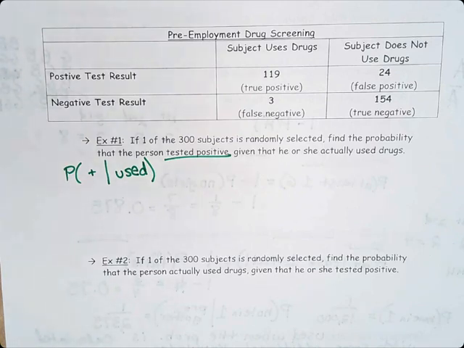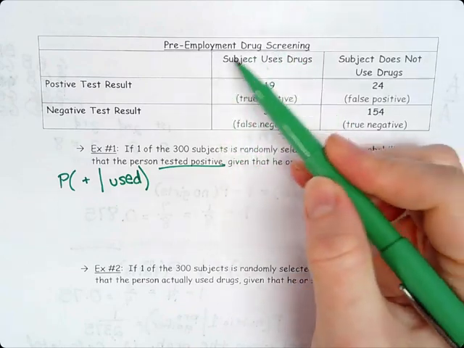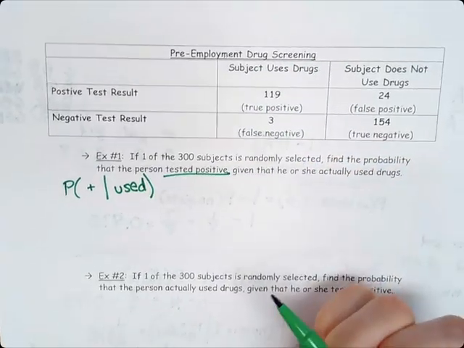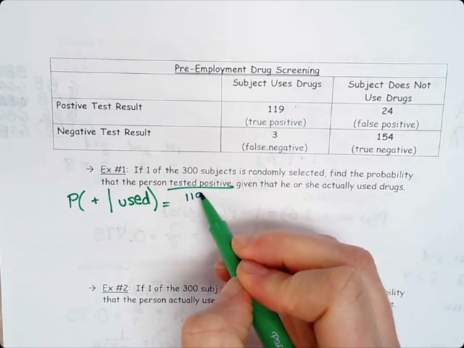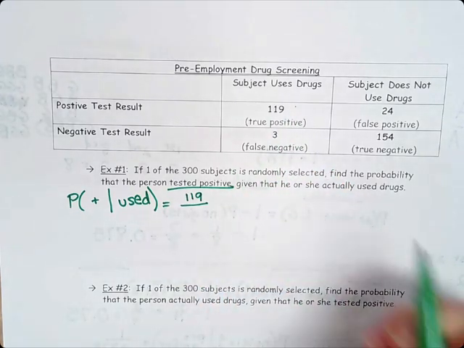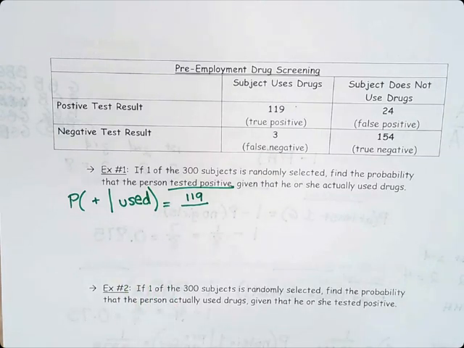So we are only looking at the used side, right? Mm-hmm. So how many were positive on the used side? 119 out of how many total? But we're only looking at the used. Oh, 122.